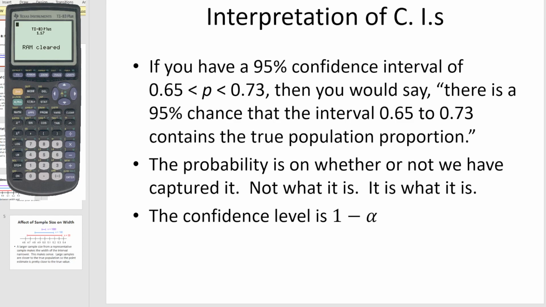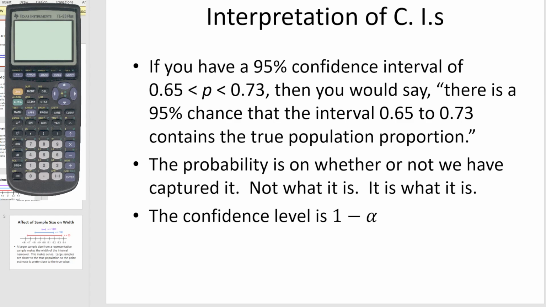For example, if you have a 95% confidence interval that p is between 0.65 and 0.73, you would say there is a 95% chance that the interval 0.65 to 0.73 contains the true population proportion. This means that if you have 100 intervals, 95 of them will contain the true proportion and 5 will not.